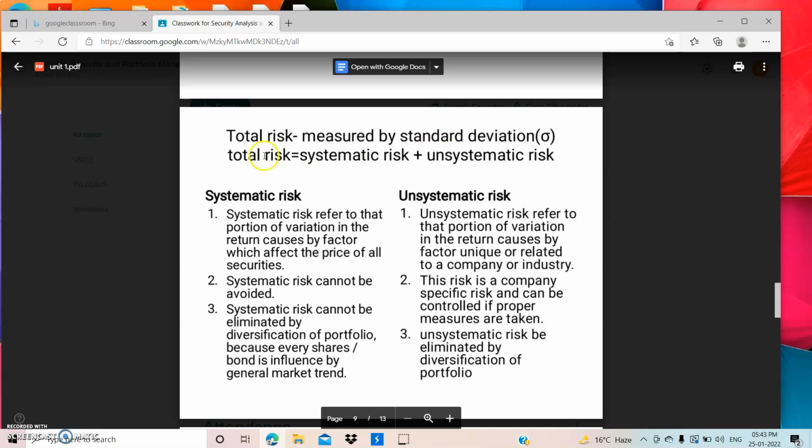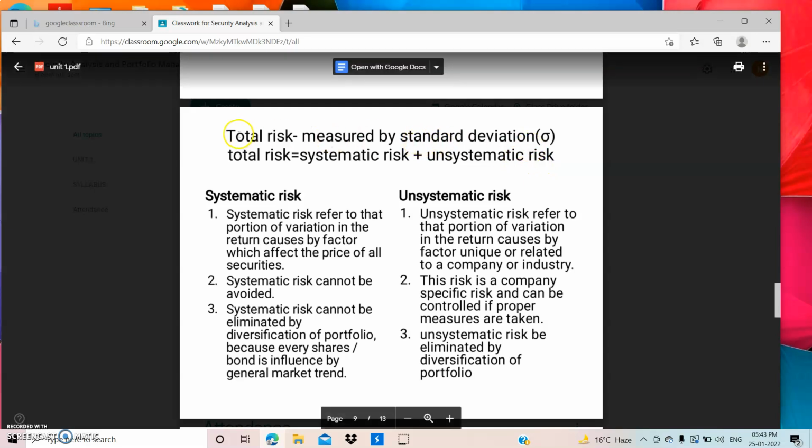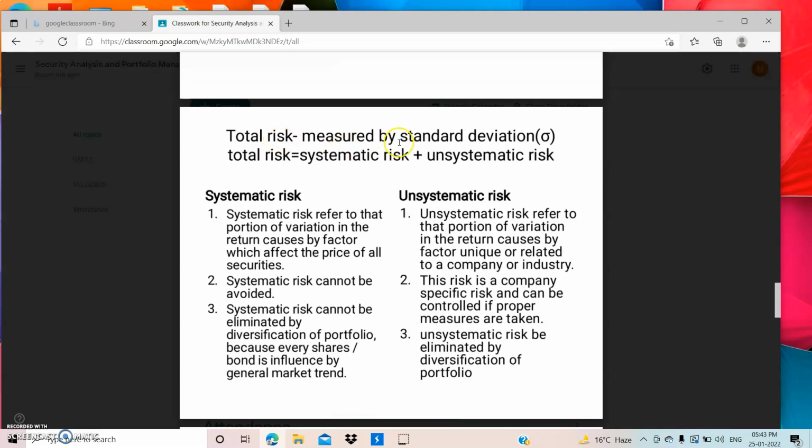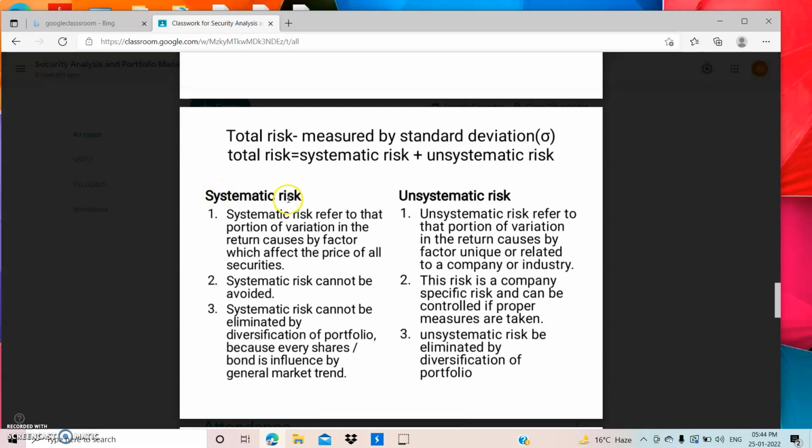The total risk, both systematic plus unsystematic risk, is measured with the help of standard deviation. Now, what is the difference between systematic risks and unsystematic risks?